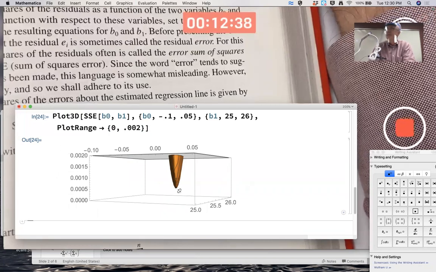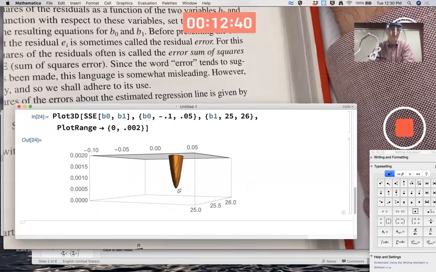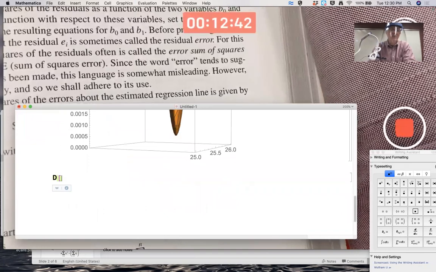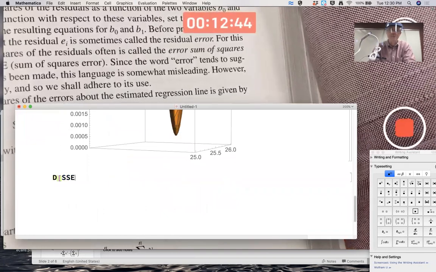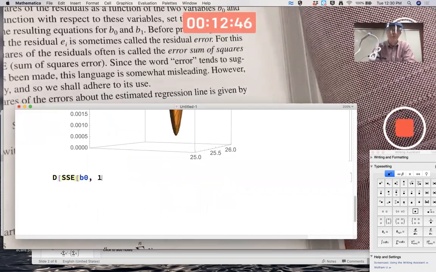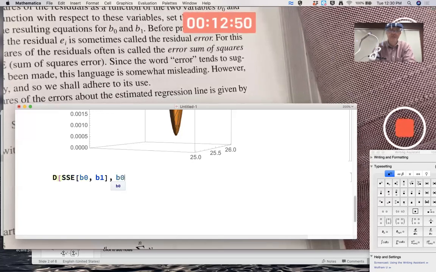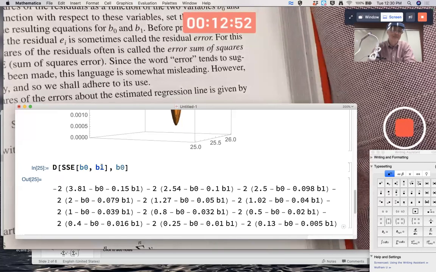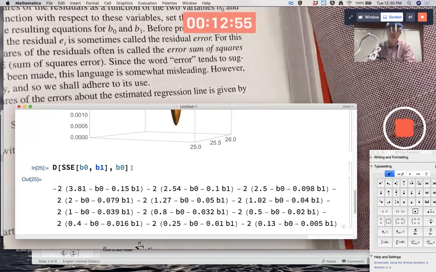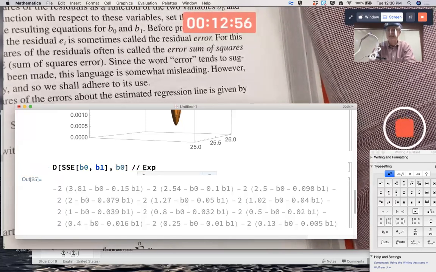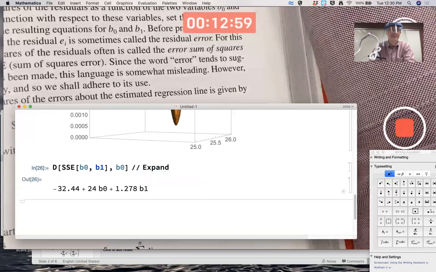It is minimized somewhere. If I differentiate it, if I find partial derivatives of this function with respect to b0 and b1, yikes. It looks kind of crazy, but actually if you expand it, it simplifies quite nicely.